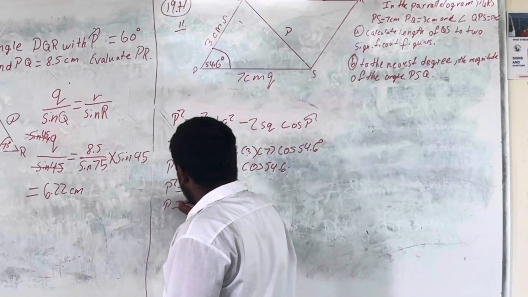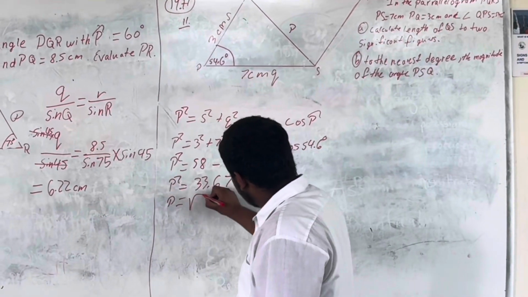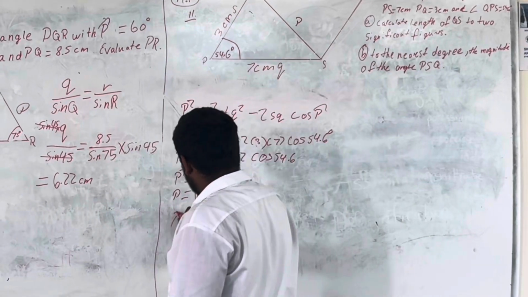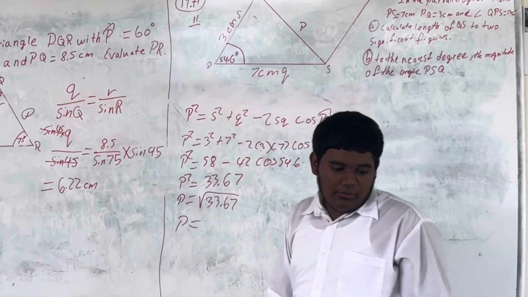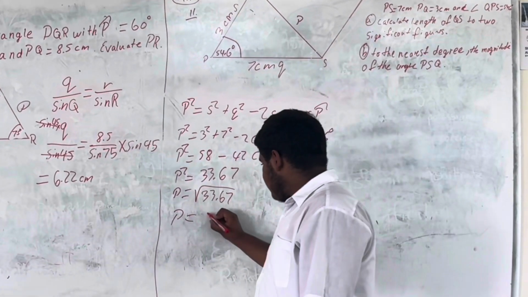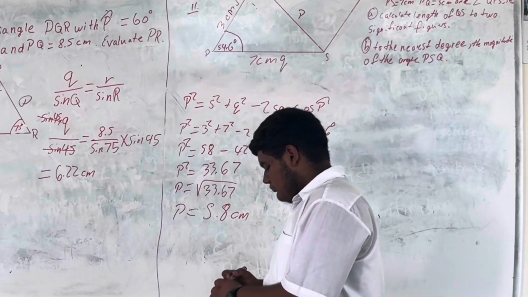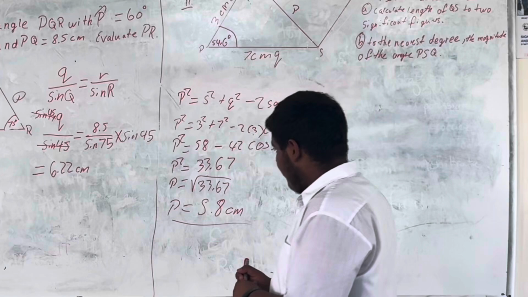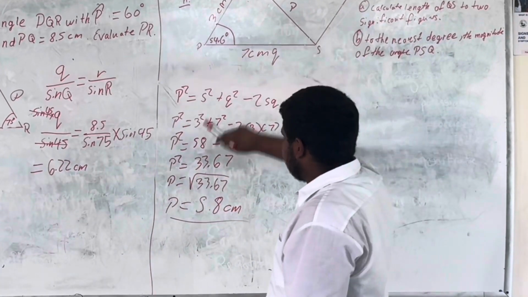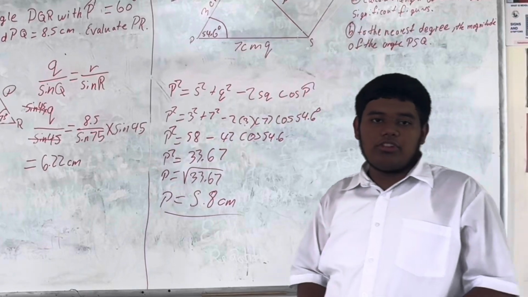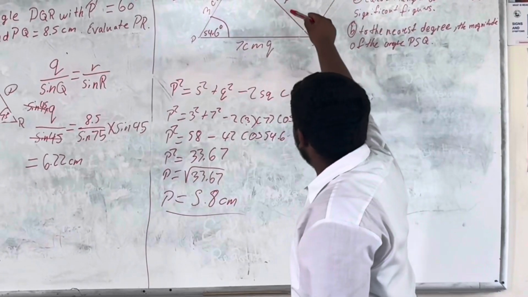Now p is equal to the square root of 33.67. p will give you 5.8 centimeters, which will give you the length here.